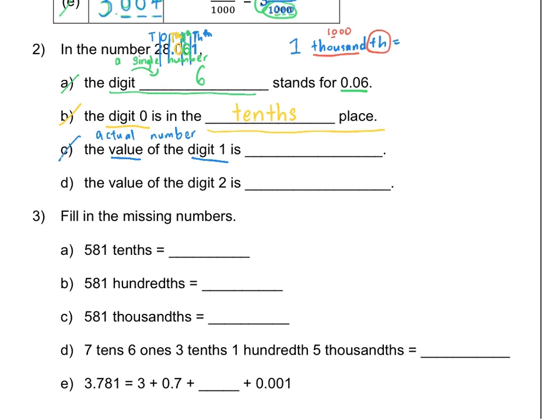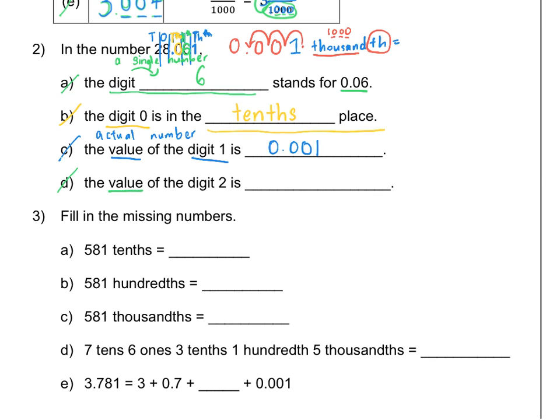It has 3 zeros. So you have to move the decimal point how many places backwards? You have to move 3 places backwards. 1, 2, 3. Dot. So your answer should be 0.001. So the answer for part C has to be 0.001.